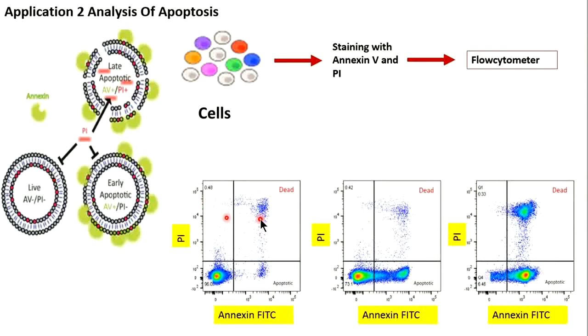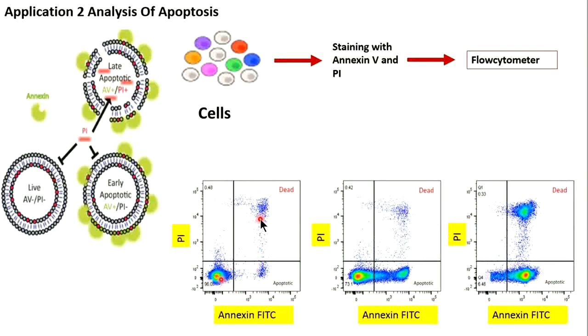And these are the cells which are PI positive, positive for the y-axis, but annexin negative, meaning negative for the x-axis. So they are PI positive, meaning dead, but the reason for death is not apoptosis. Why? Because if they were dead because of apoptosis, they should be positive for annexin also.